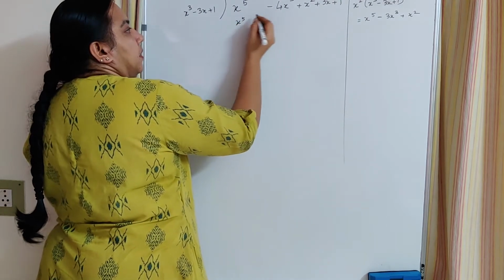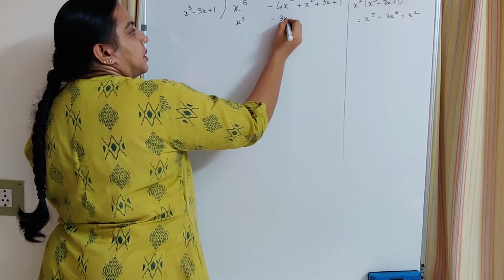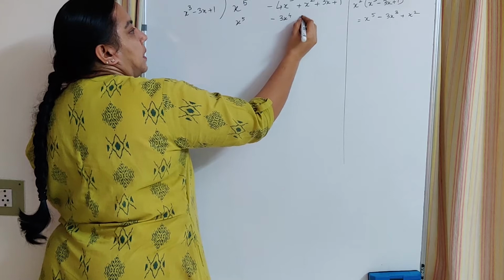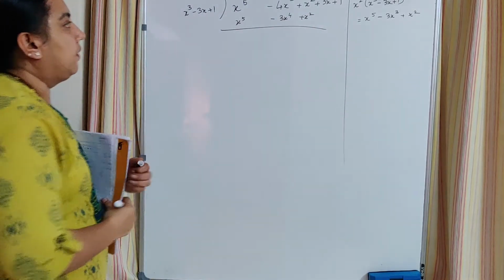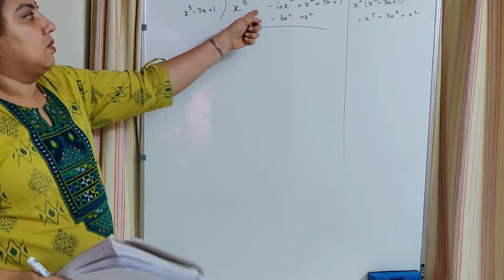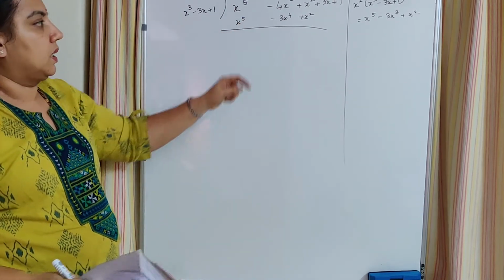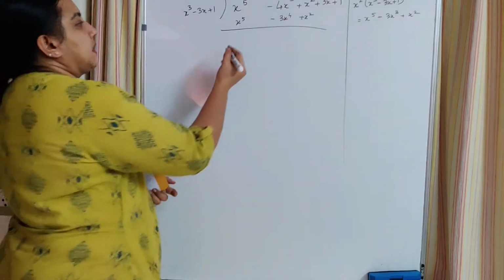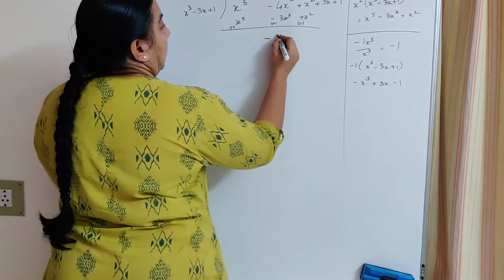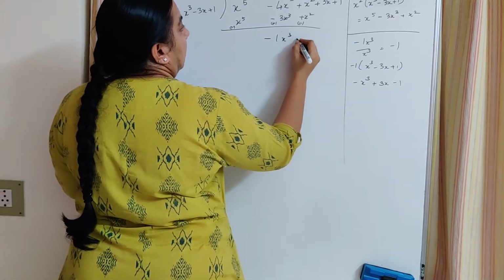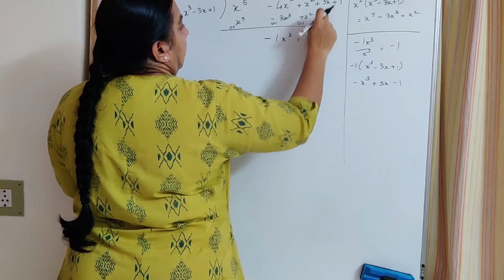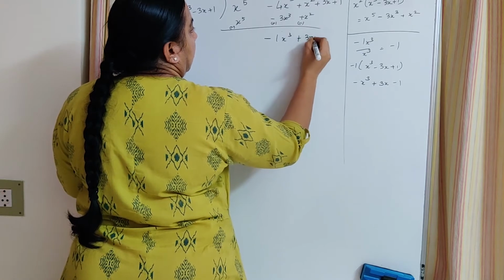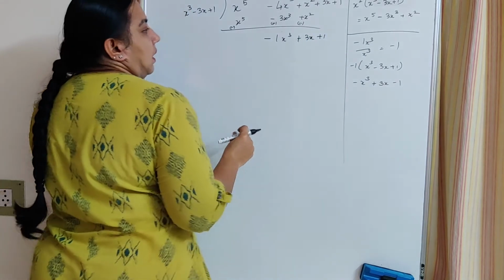Even here there is an x square term missing, so there is a gap here. Then when I subtract, minus 1 x cube, plus this term fully gets cancelled, so I bring that term down, plus 3x plus 1.